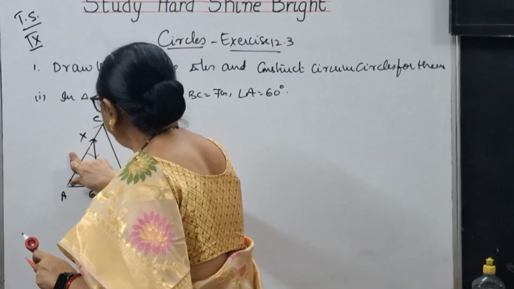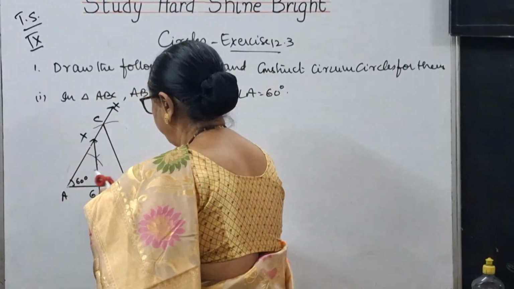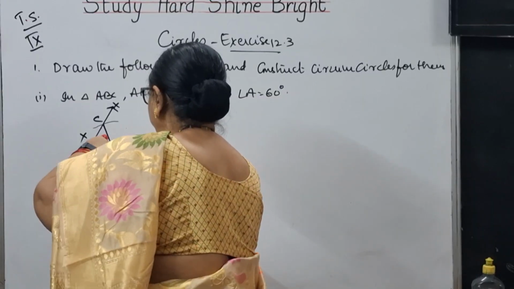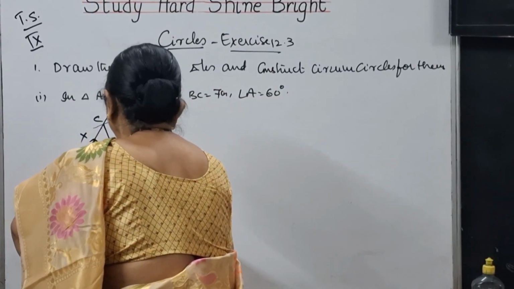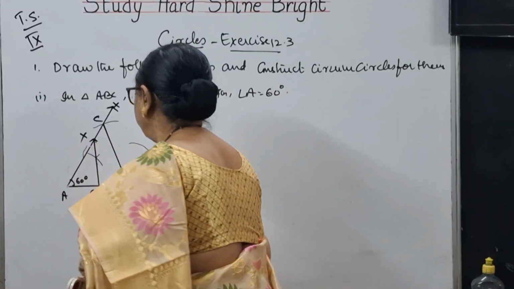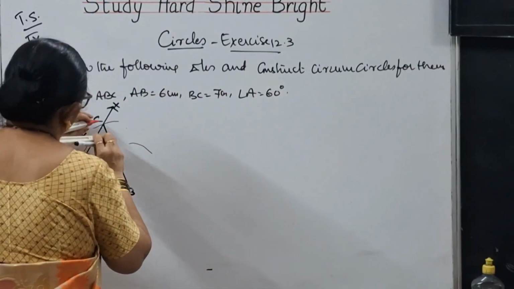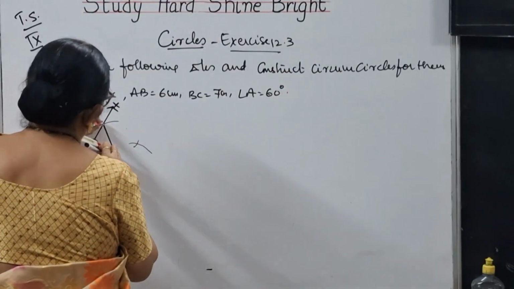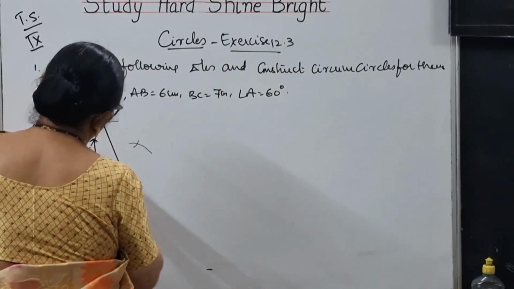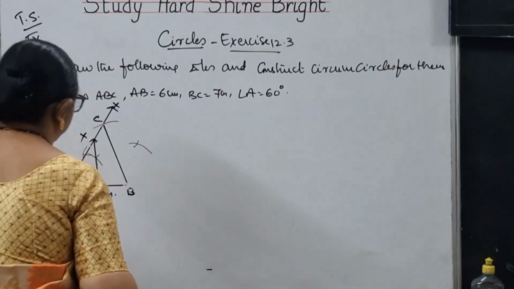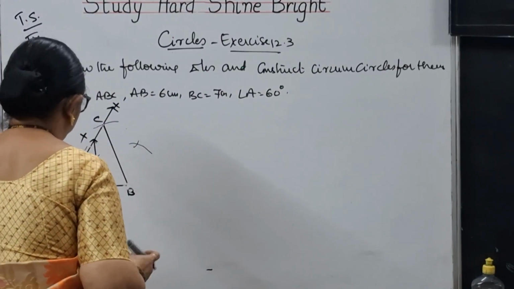It's very slippery. More than half of BC as radius, one arc this side and one arc the other side. Similarly, C as center without disturbing that, you have to draw 2 arcs on either side. These 2 arcs you need to join.